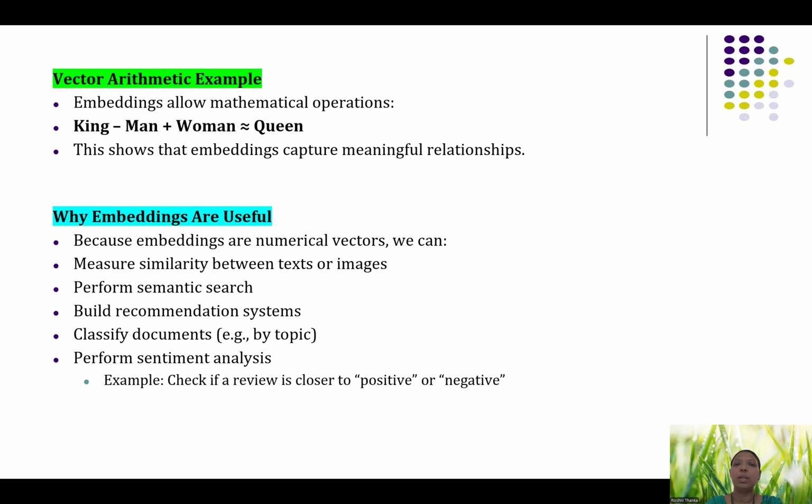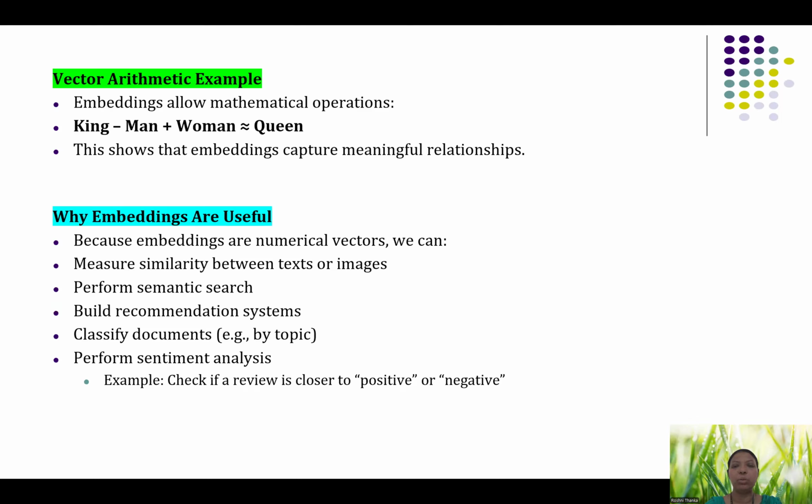So why are these embeddings useful? Why is this kind of numerical representation useful? It measures, as we discussed, the similarity in a very easy and meaningful manner, and searching also will give a meaningful search.